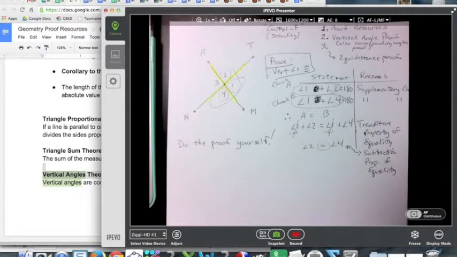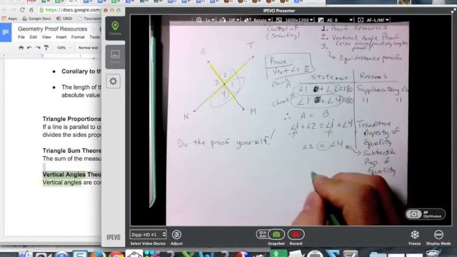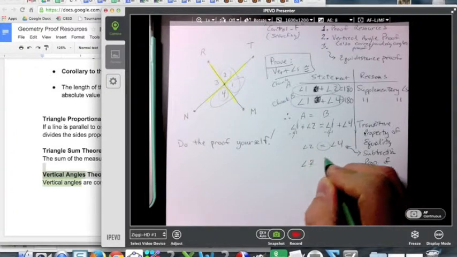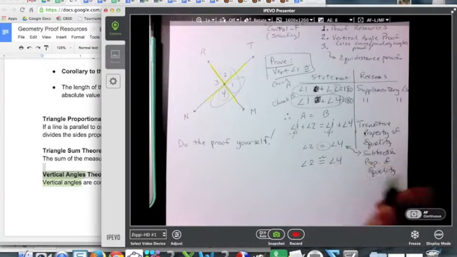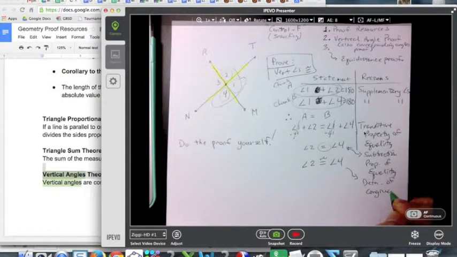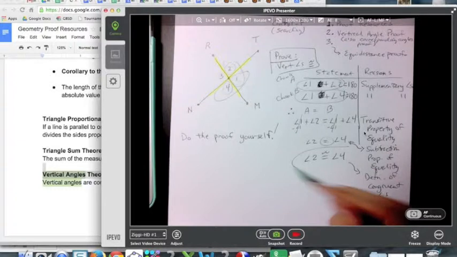The great thing about angles, though, is that the degrees pretty much give you what the angle is. So we can say, since the angles are equal, angle 2 is also congruent to angle 4. That's the definition of congruent angles. Something like that. And that was our goal.